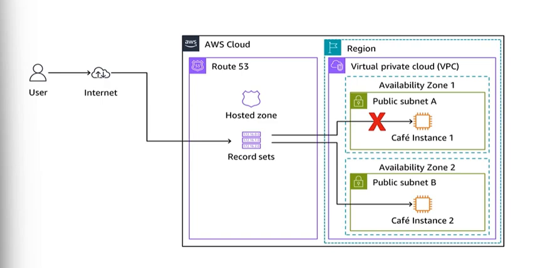In order to configure this, we need to define a Route 53 health check that monitors the status of the primary web server instance. If the health check determines that the primary instance is unreachable, then the record sets we define in the hosted zone will route traffic to the secondary instance instead.